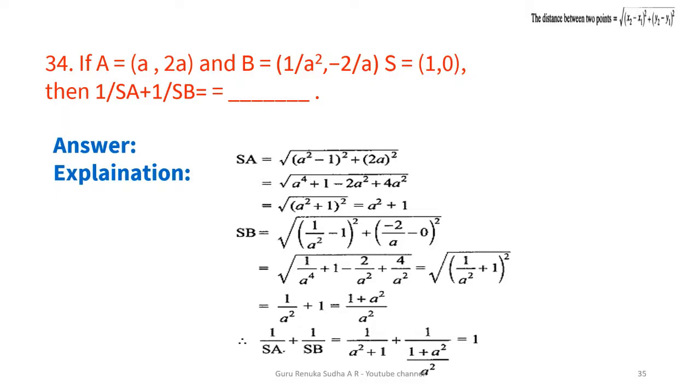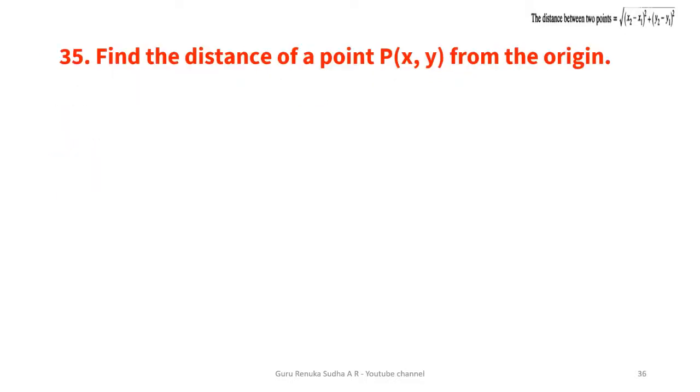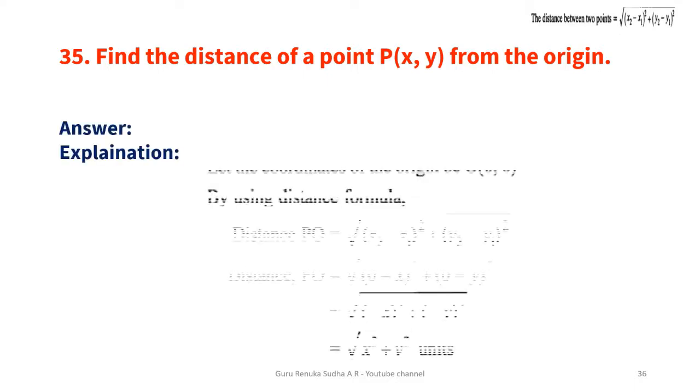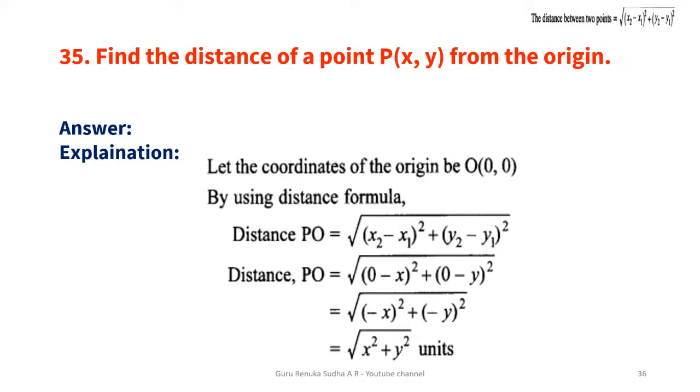Okay, next move on to the 35th question. There also they are asking the distance between the point and the origin. Here also I am using the distance formula, then substituting the given values, then I got the answer root of x square plus y square.